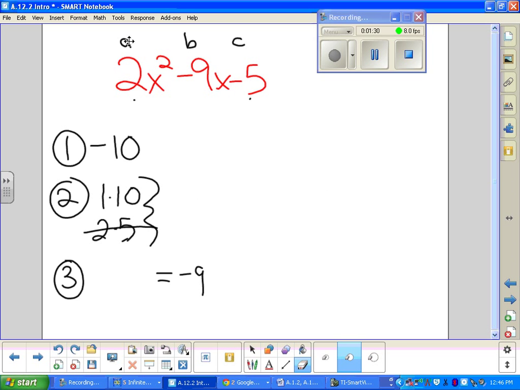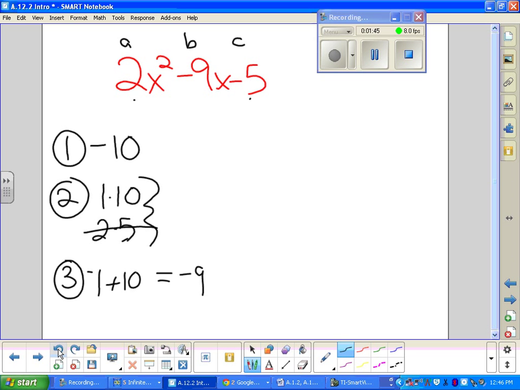But 1 and 10 will work. But which one has to be positive and which one has to be negative? Well, if I do negative 1 plus 10, I'll get positive 9. I don't want that.